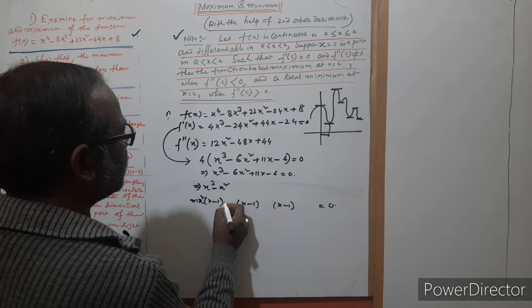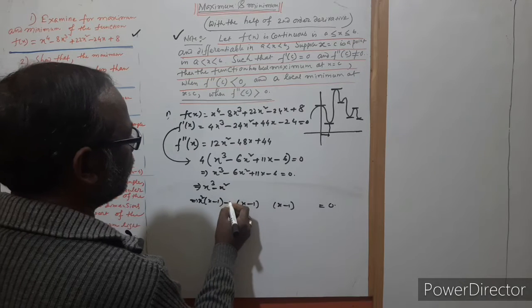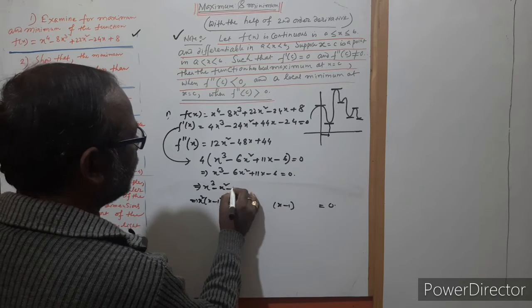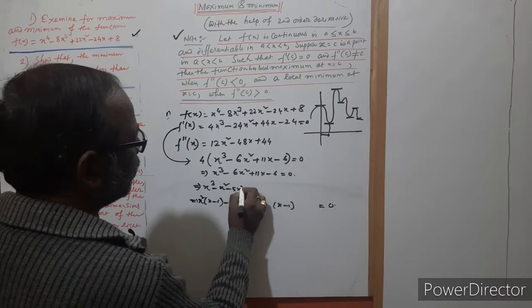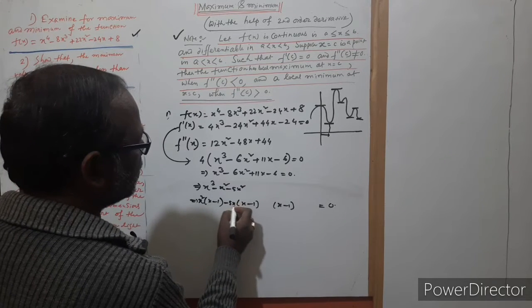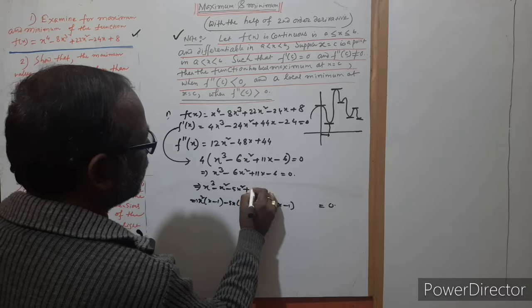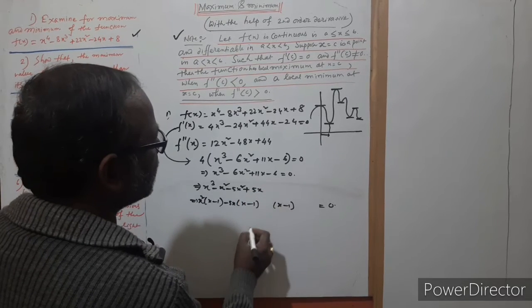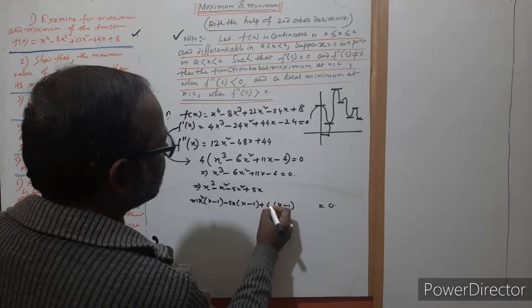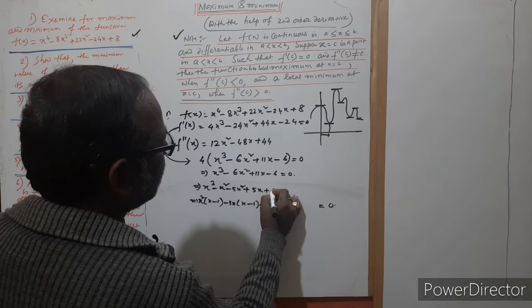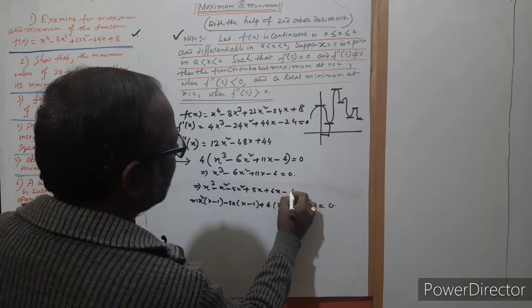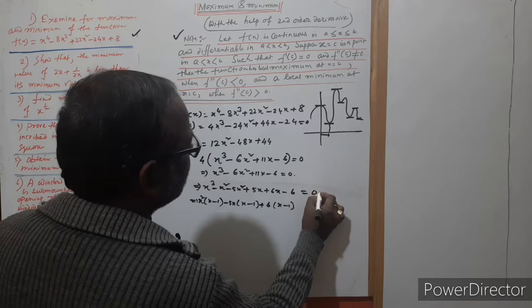We need to have more, minus 5x square, so we multiply by minus 5x, then this is minus 5x. Now write 6x plus 6x and minus 6, and this is equal to 0.